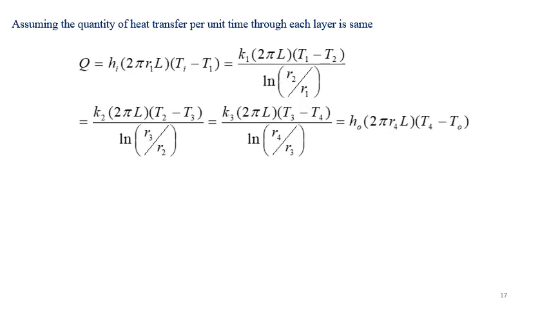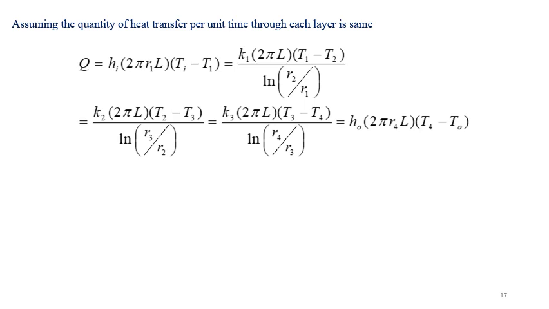Okay, so Q is equal to the convective heat transfer from the inside fluid to the inside surface of the composite cylinder. Now, how to get this from Newton's law of cooling? Q is equal to h A delta T, where h is the heat transfer coefficient hi and A is the surface area. Please note that it is surface area.